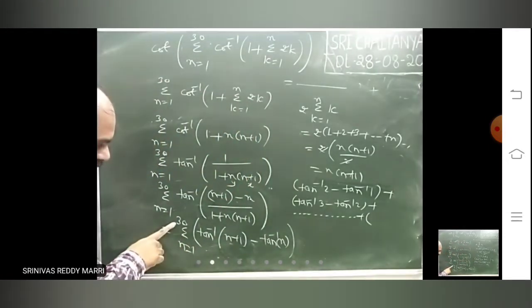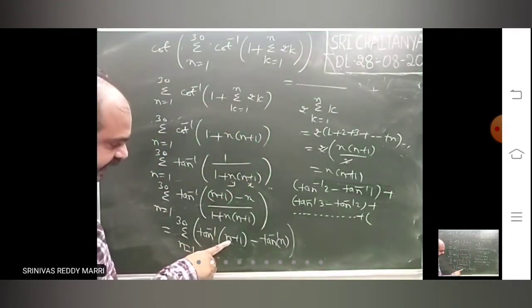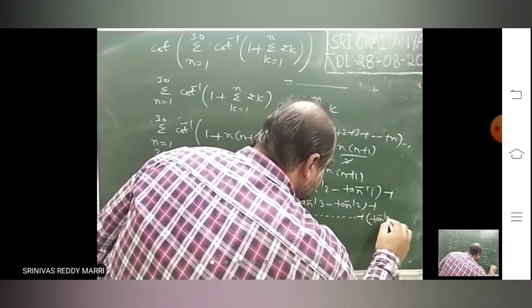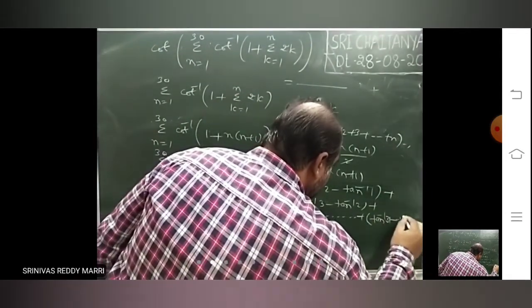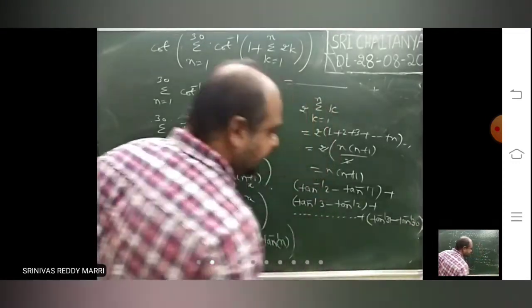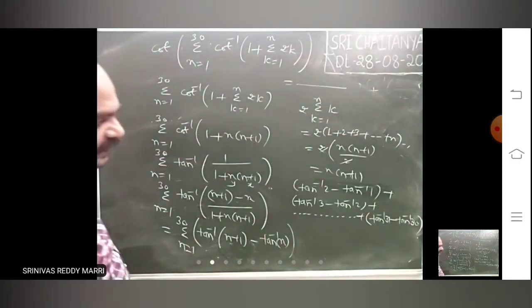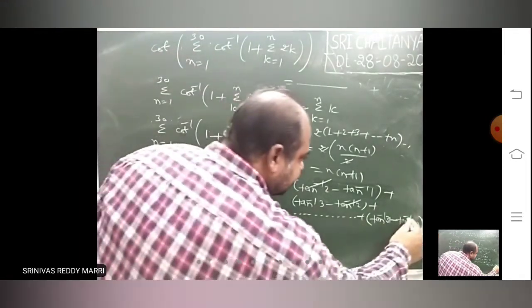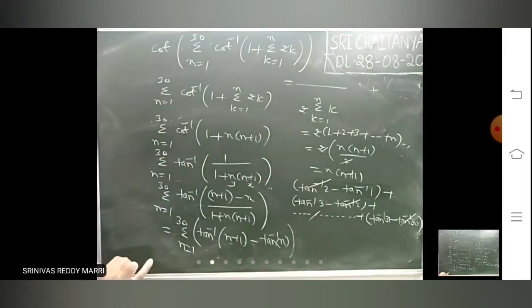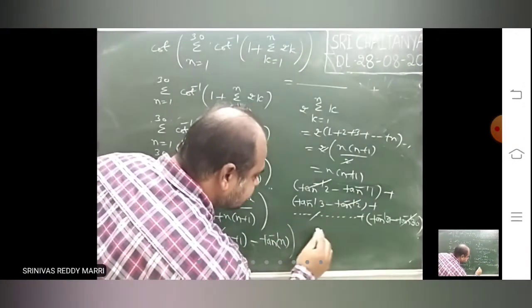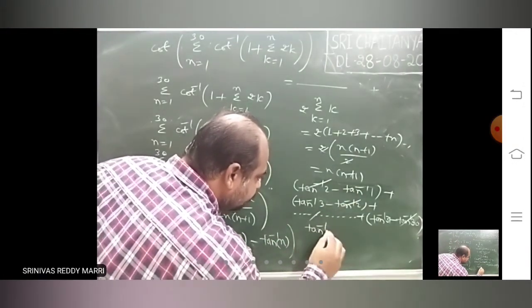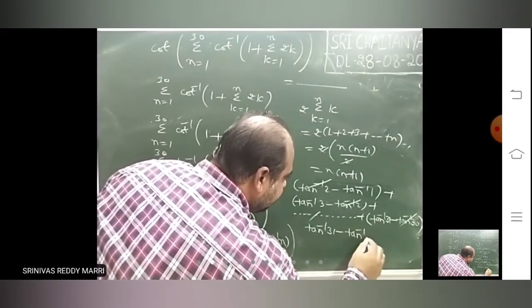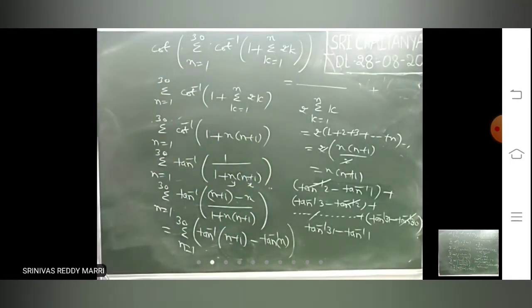The last, n equal to 30, gives tan inverse 31 minus tan inverse 30. Now tan inverse 2 will get cancelled, and tan inverse 30 will get cancelled. This term and this term will be remaining. So tan inverse 31 minus tan inverse 1.